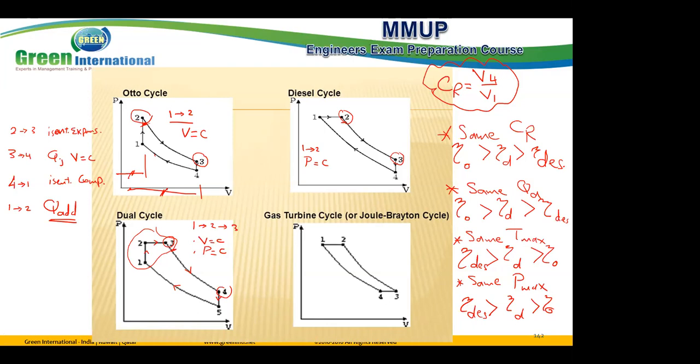Okay, a simple question. If I keep the compression ratio the same for all cycles, which one has higher efficiency?